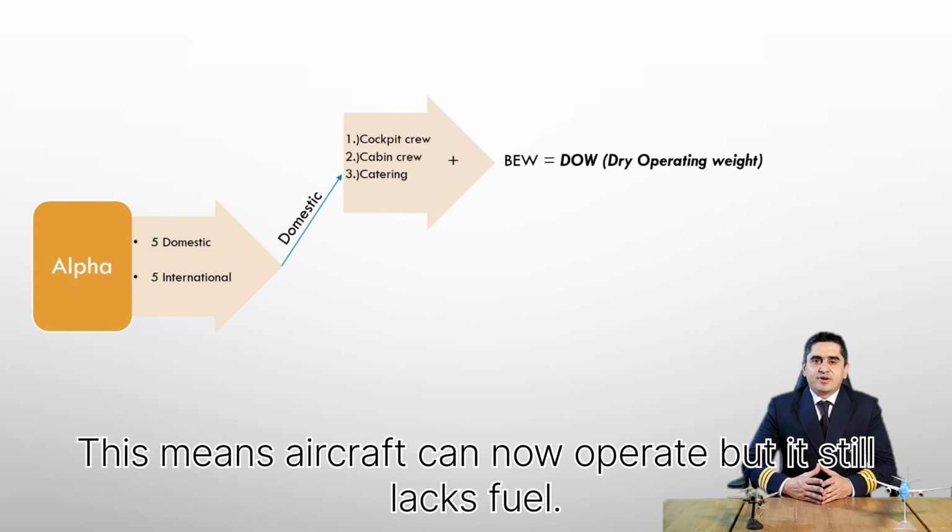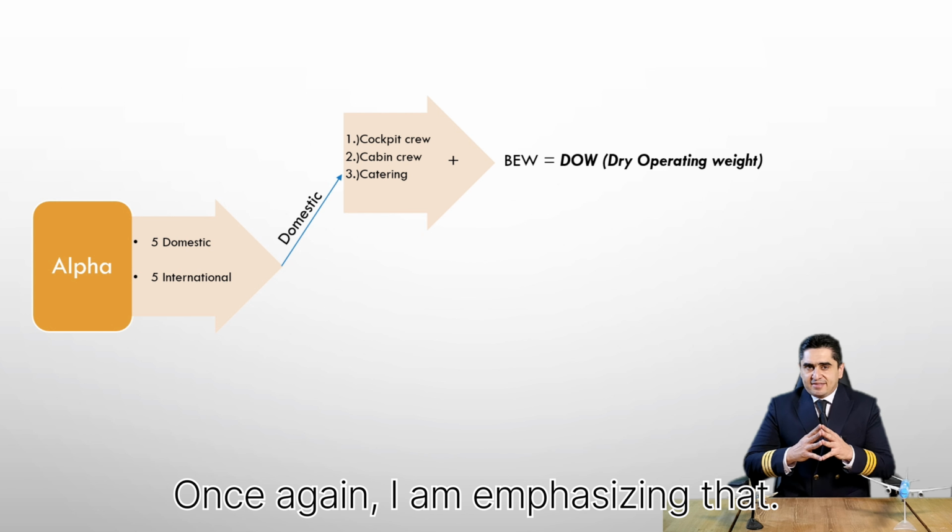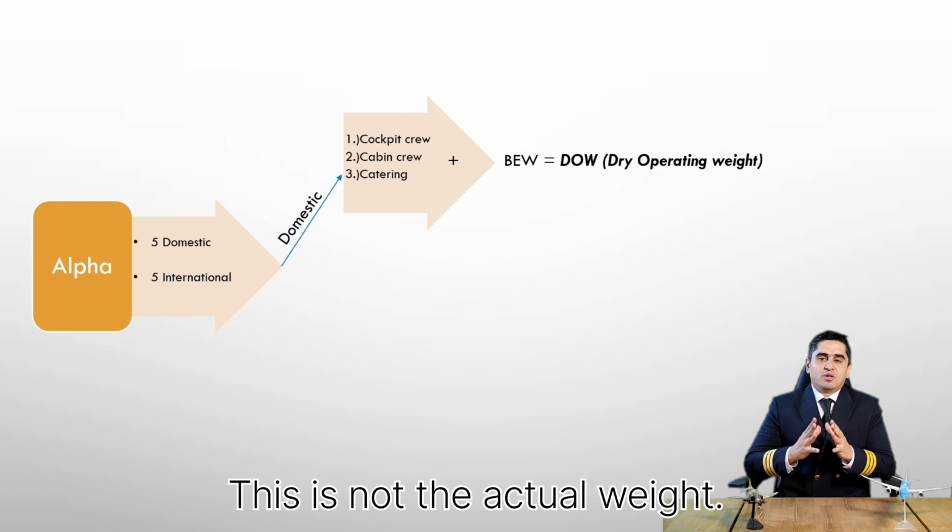This means the aircraft can now operate, but it still lacks fuel. With this condition, the weight of the aircraft now reaches 69,000 kgs. Once again, I emphasize that this is not the actual weight.